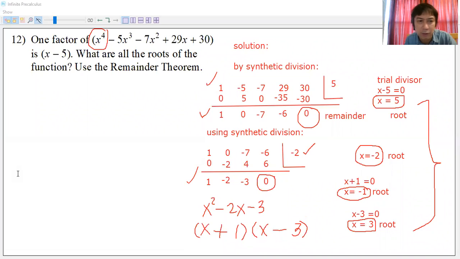We have x is equal to negative 2, x is equal to negative 1. Also, we have the positive 3. Also, we have x is equal to positive 5 there. These are the roots. So this is our answer.